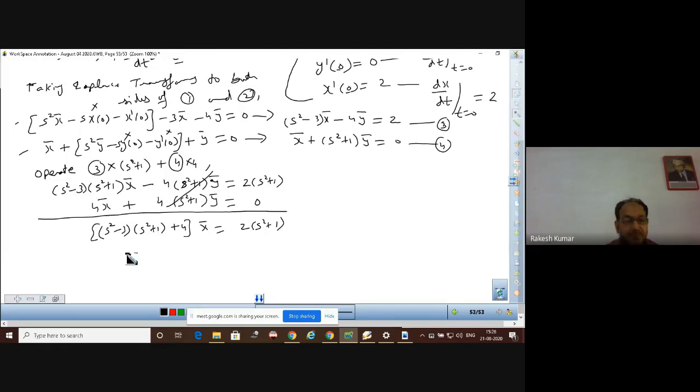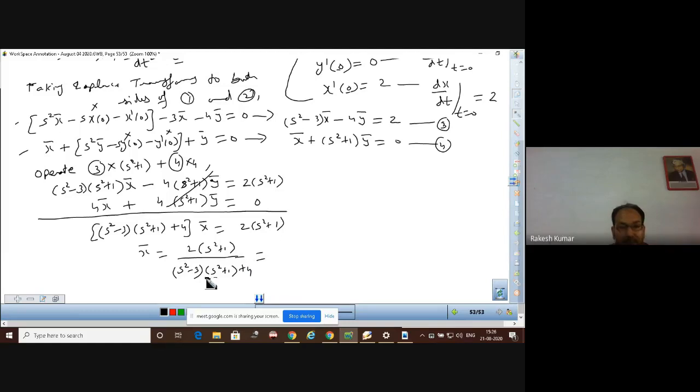So what does it come out to be? You just need to find the value: x̄ is equal to 2(s² + 1) divided by (s² - 3)(s² + 1) plus 4.